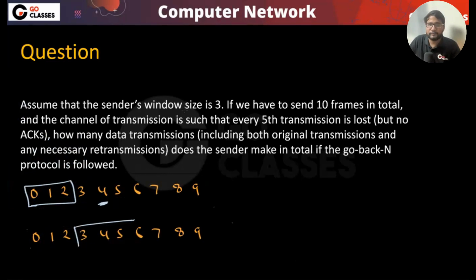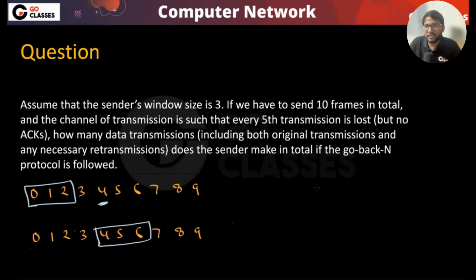Then you will be sending 3, 4, 5, depending on whether you have sent something before or not. So you will be sending some packets here. Then you will be sliding. Now tell me, can you slide further? No. Why? Because you will not be getting ACK for this. That's what they are saying, that this packet 4, or maybe the 5th transmission, is lost.